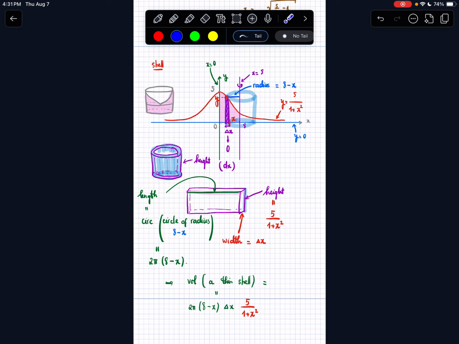Now we take the sum of the volumes of infinitely many thin shells, and we get the volume of the whole solid.